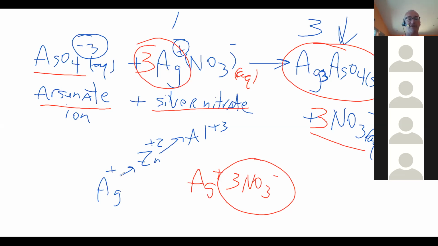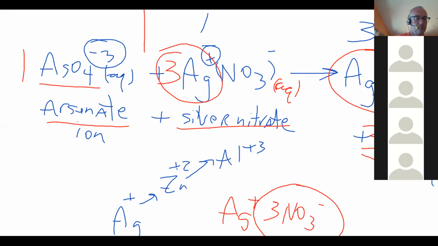So our net reaction is 1 mole of arsenate ion plus 3 moles of silver ions give us 1 mole of silver arsenate solid, okay? So we're going to leave that up so everyone can have a chance to have a look at it.